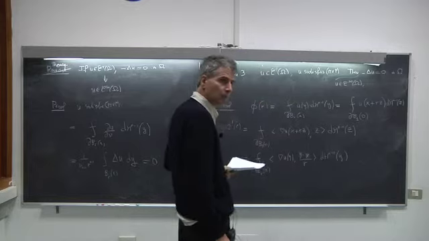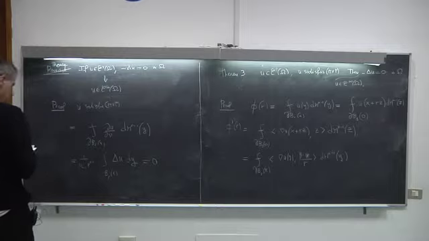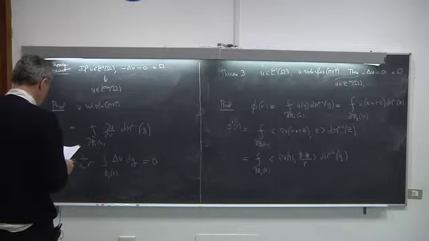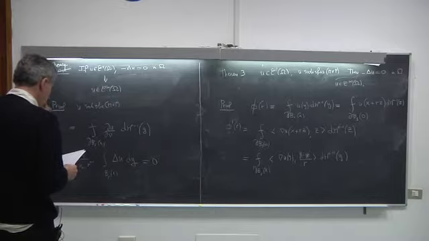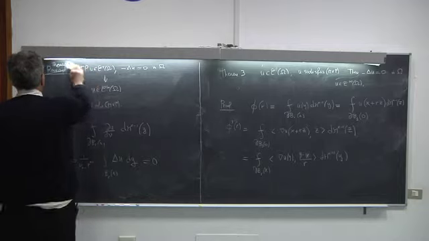So phi prime is 0. Okay. Fine. So this is equal to 0.